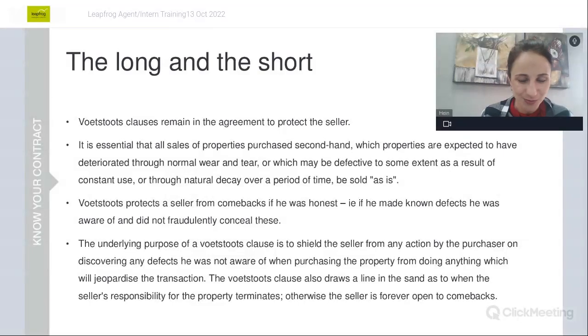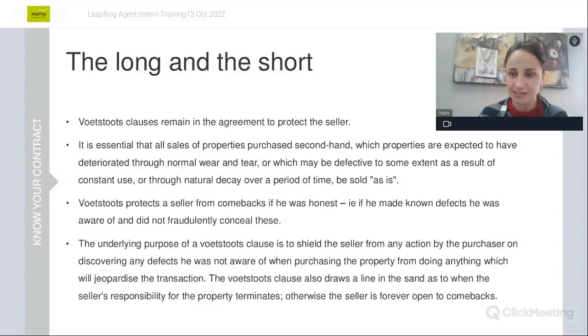It might be the most beautiful property ever, which is great, but there's always something that could potentially be seen as a defect. So the Voetstoots clause is where the seller says, I'm selling the property as you see it. What you see is what you get, whether it's latent or patent. Mr. Buyer, you need to do your own inspections. This is what I'm selling, and you're taking it. That is the general gist of it.